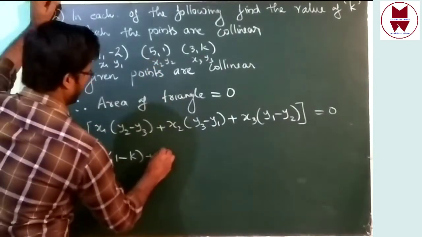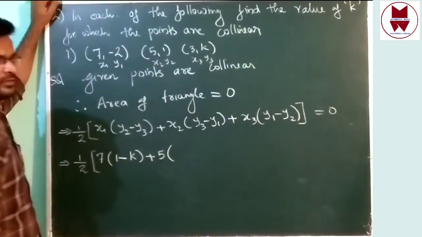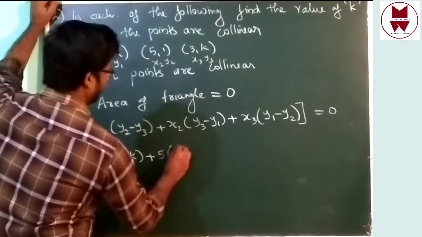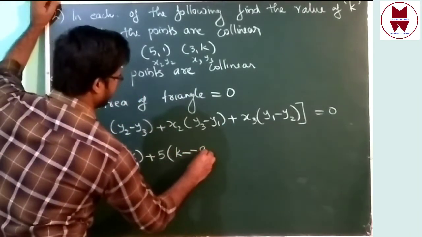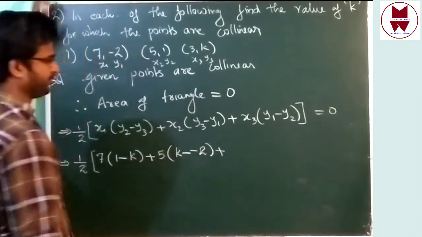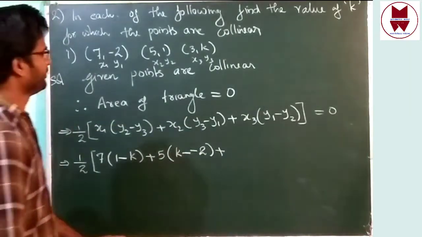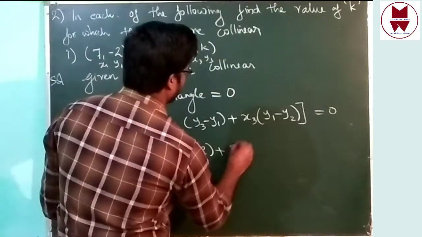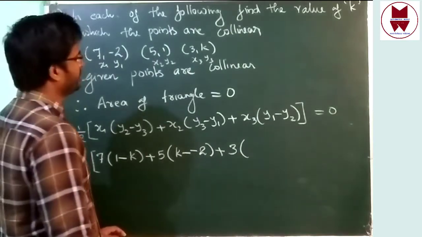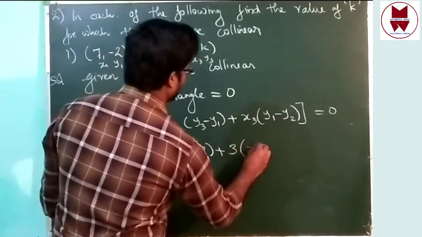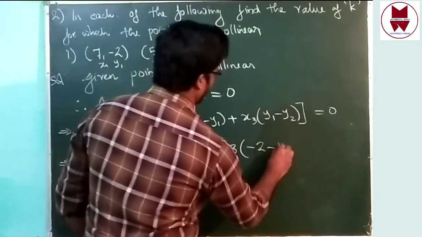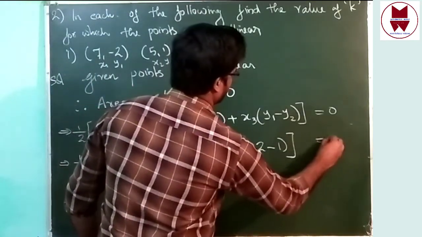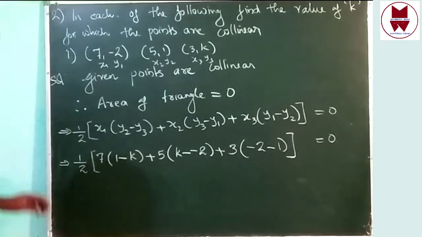That is 5, y3 minus y1, y3 is k, minus y1 is minus 2, plus x3 is 3 into y1 minus y2, y1 is minus 2, minus y2 is 1, equal to 0.